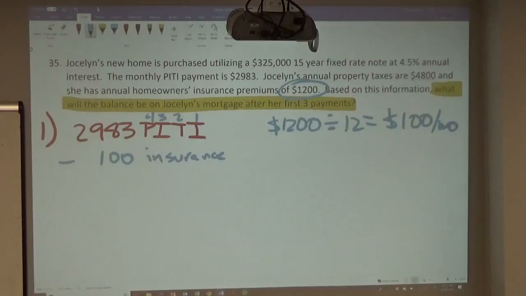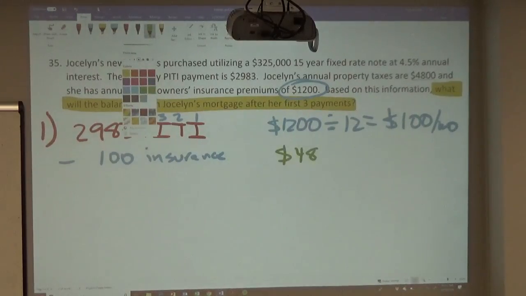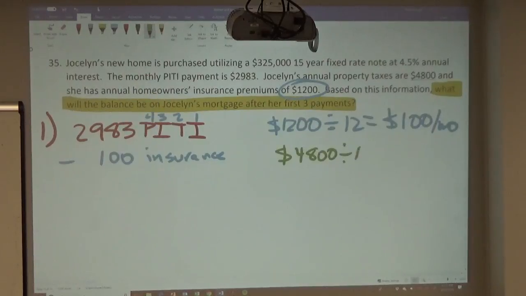Now we want to pay the taxes. They tell us that the property taxes are $4,800 a year, divided by 12 to get to monthly. That's $400 a month in property taxes. So we're going to subtract that $400. So we've now paid the insurance and the taxes. We need to pay the interest. That's the next step.